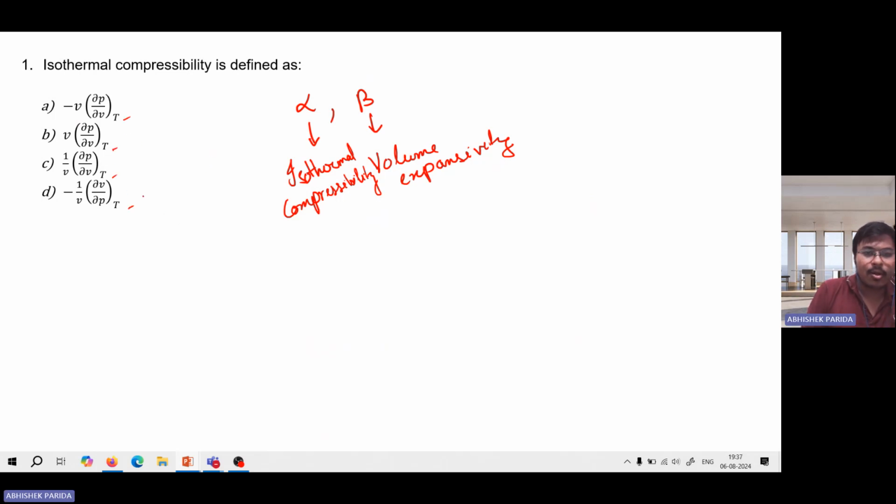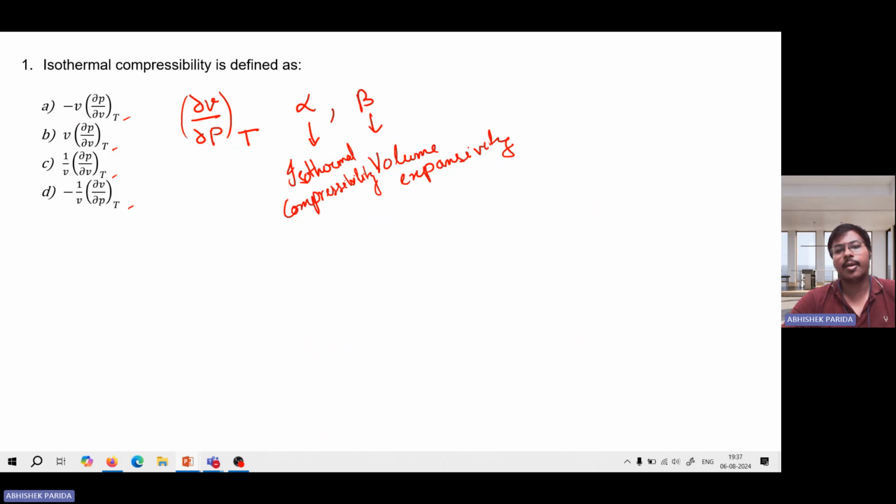Now then comes the compressibility. Compression means volume will reduce, pressure will increase. So it will be something like dV by dP at constant temperature. Always remember both alpha and beta are mostly positive quantities.